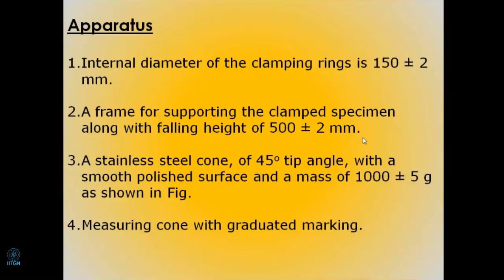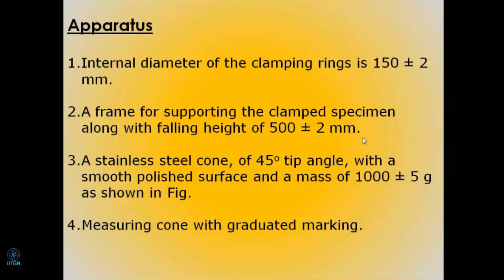Before performing your test in the laboratory on particular equipment, we have to internally verify the specification of the equipment, whether height is okay as per codal provisions or not. Weight is okay. Angle of the steel cone should be 45, whether it is okay or not. It should not be 46, it should not be 43. So all this internal verification is very much required before performing any test on any equipment.